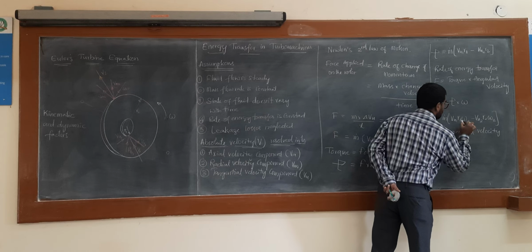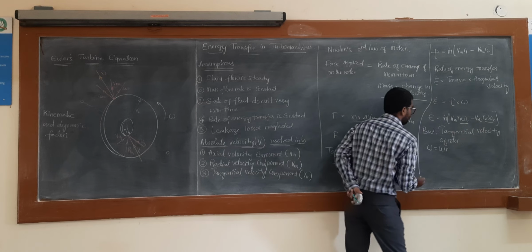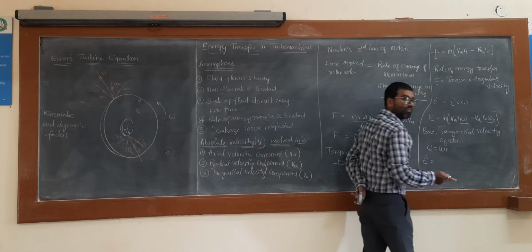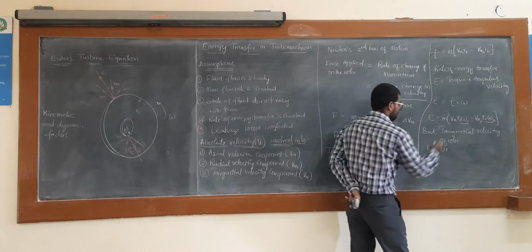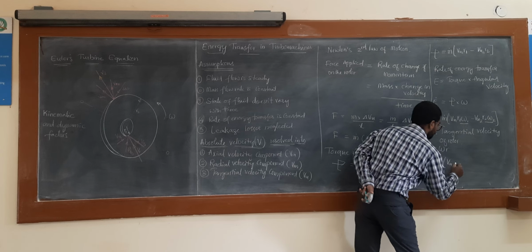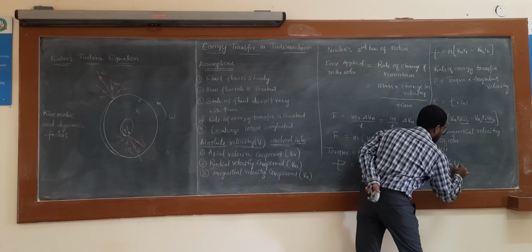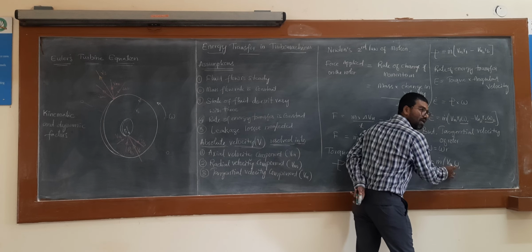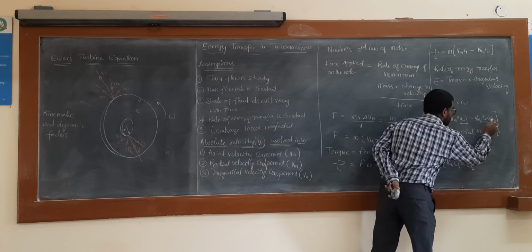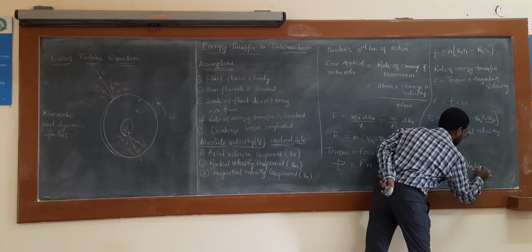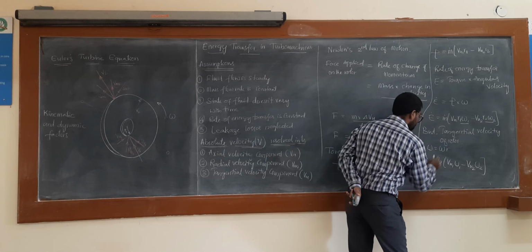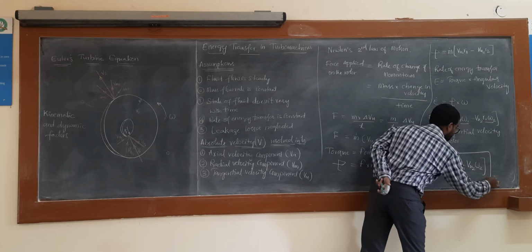So in place of the radius and angular velocity, we will write the tangential velocity of the rotor. That is m dot VU1 U1, where U1 means tangential velocity of the rotor at inlet, minus VU2 U2, in place of R2 omega 2 we write U2, the tangential velocity of rotor at outlet. This is the Euler's turbine equation.